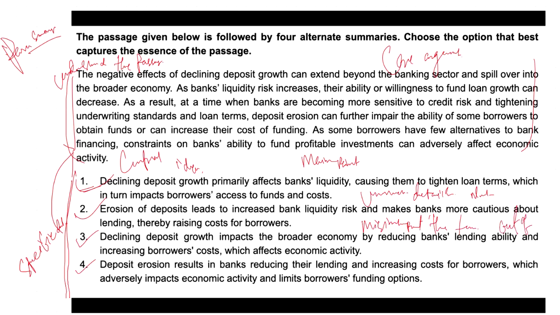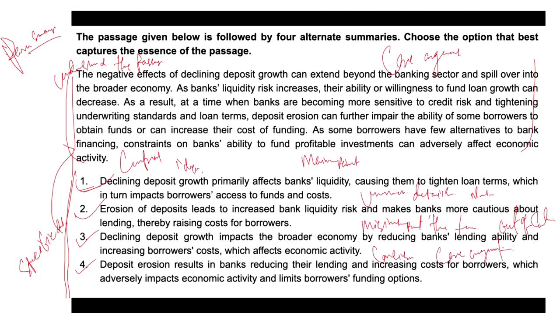Similarly, option C could be concise, but might leave out the core argument entirely. And if you talk about D, that could capture the essence of the passage in a precise and natural manner.